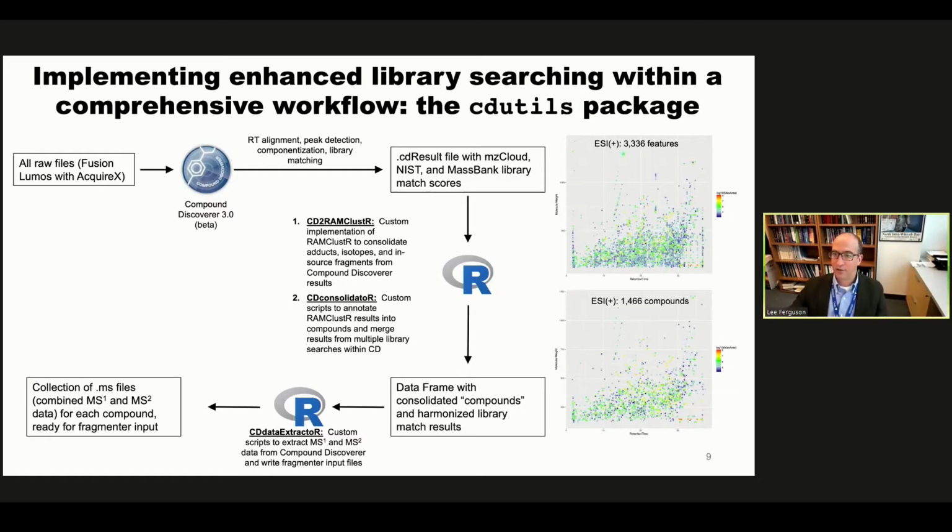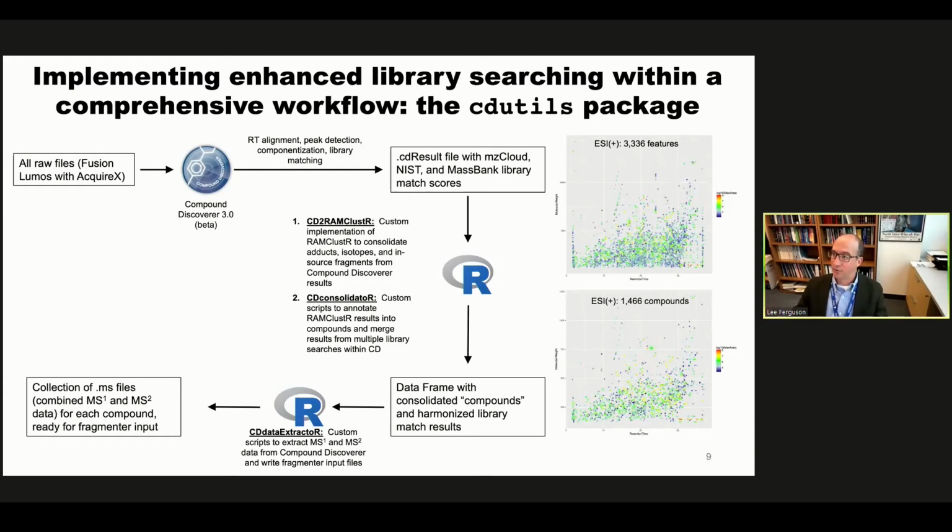So the example here is that in this specific analysis, the raw data coming out of our commercial software is giving us about 3,300 features, or what's called compounds by this software. If we process that through our dereplication algorithms, we're able to reduce that down to less than half of that number of features as actual compounds.